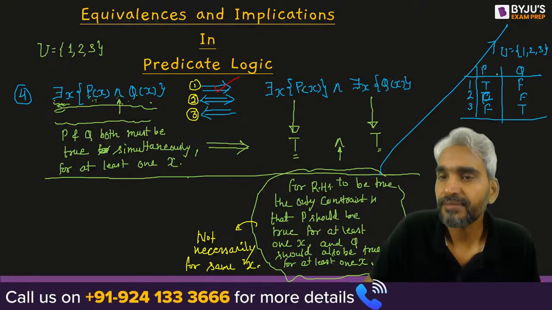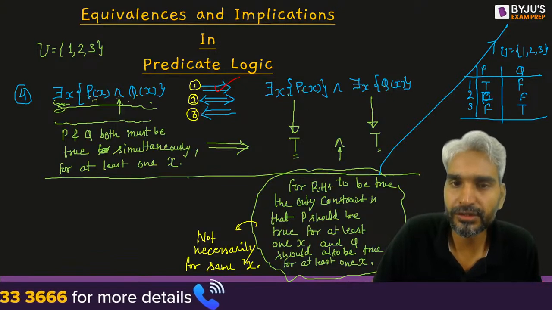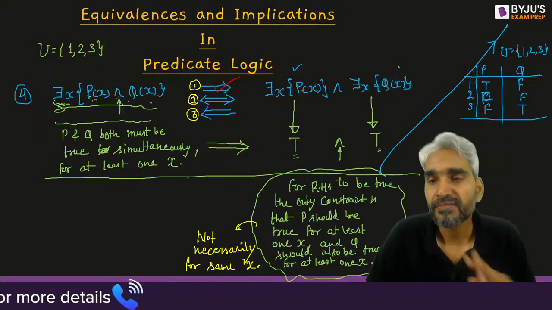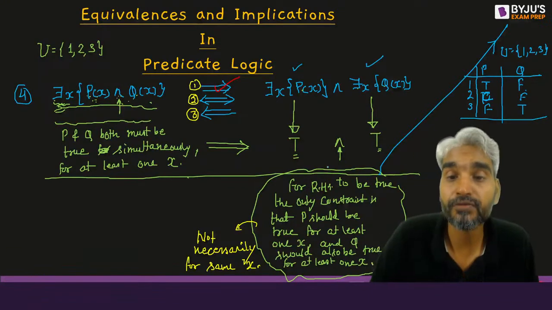So please check whether the RHS is true or not. Yes sir, P is true for at least one x, therefore there exists x Px will be true. Q is true for at least one x, therefore there exists x Qx will also be true, therefore this conjunction will be true.